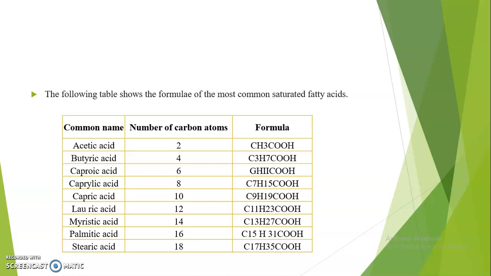Caproic acid, with 6 carbon atoms, has the formula C5H11COOH. Caprylic acid, with 8 carbon atoms, C7H15COOH. Then capric acid, with 10 carbon atoms, C9H19COOH.